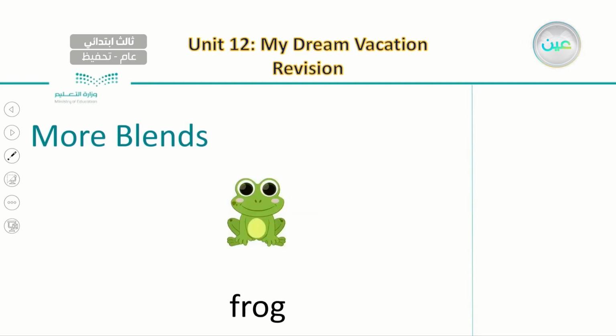And also the other sound blend that we used last time is F and R, as in frog, frog, which is a green animal that lives between the sea and the land.